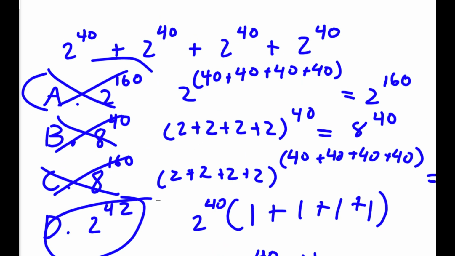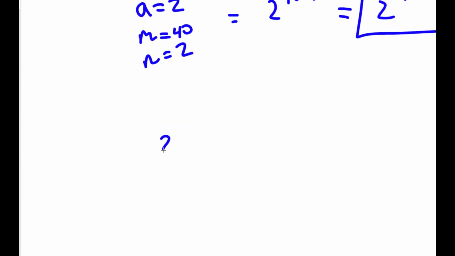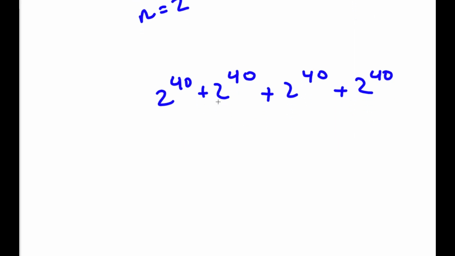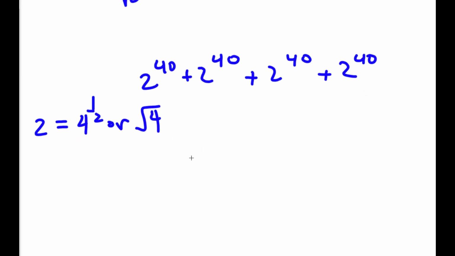Now, another way of solving this to get to the answer of 2 to the power 42 is, so we have 2 to the power 40 plus 2 to the power 40 plus 2 to the power 40 plus 2 to the power 40. Now, 2 here is the same thing as 4 to the power of 1/2, or the square root of 4, right?